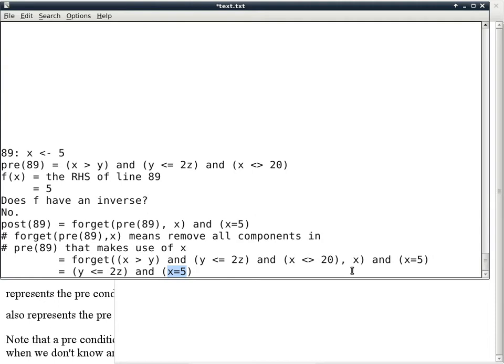You can do that only because x has a very specific value after this operation. If you reversed them, if you took x equals 5 as part of the precondition and made the line's assignment x does not equal 20, then it would not have the same argument.